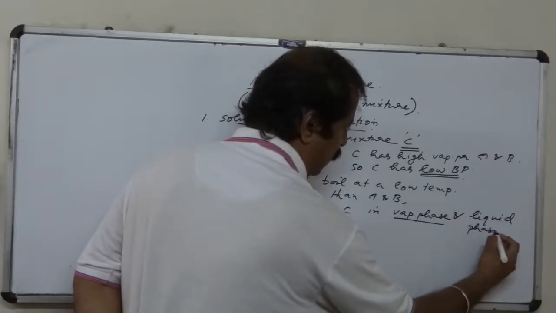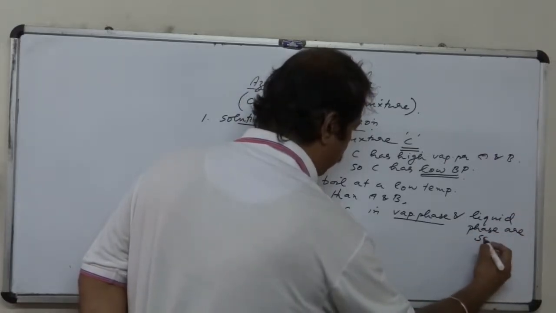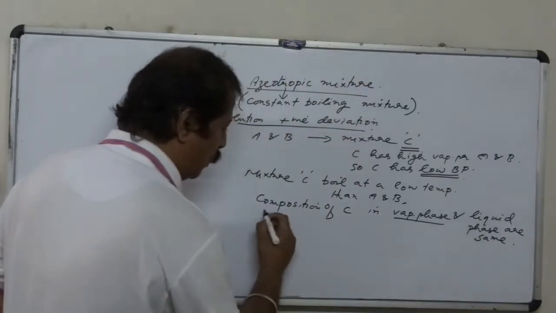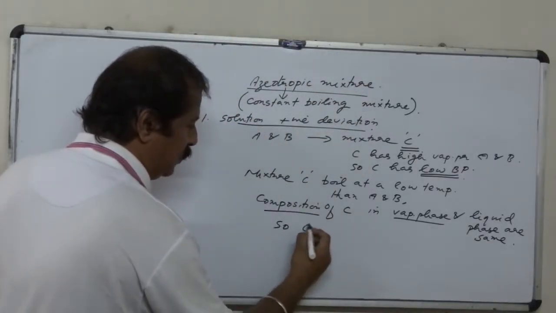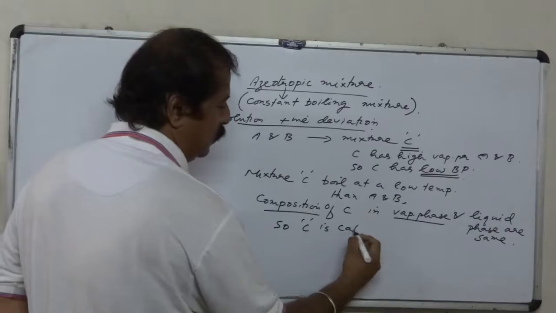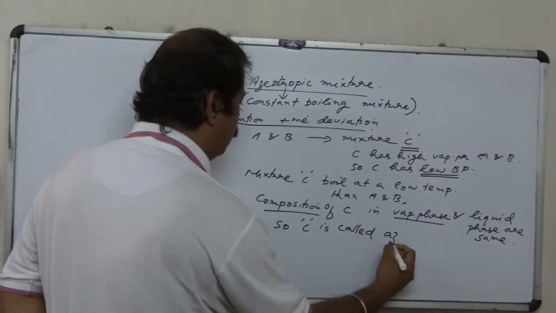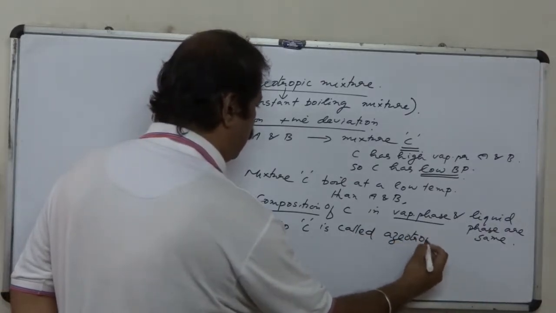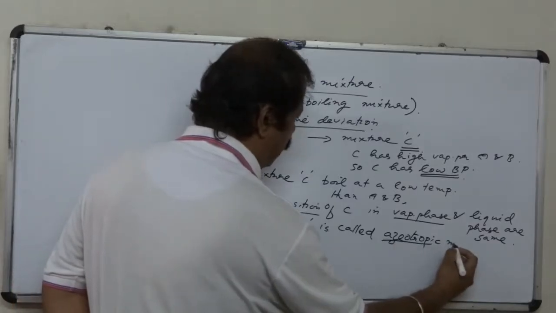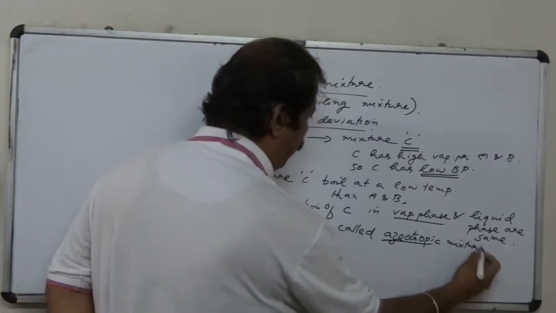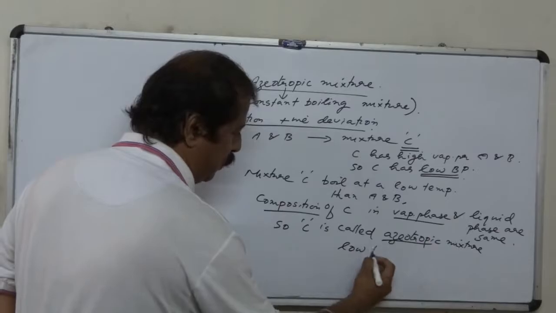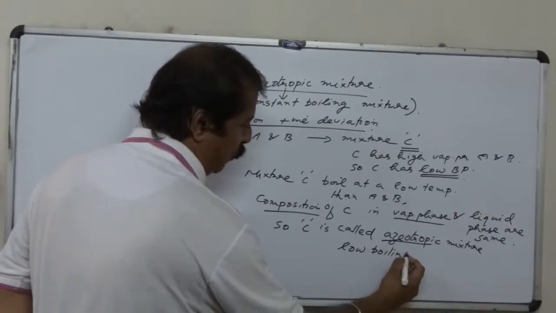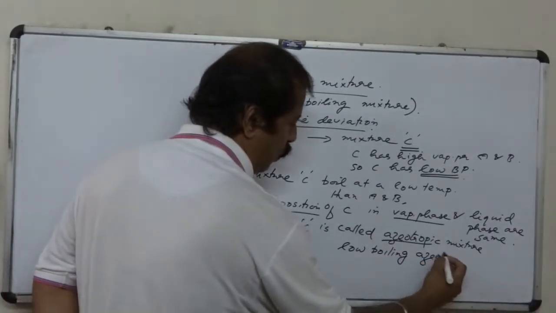So C is called azeotropic mixture. It has low boiling point, so it is a low boiling azeotrope.